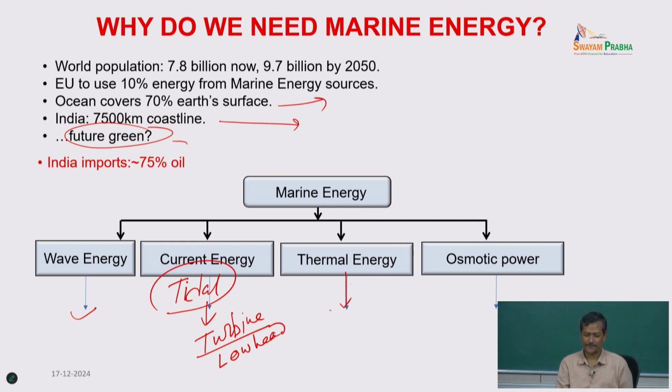Ocean thermal energy, how does it work? Actually, if you see seabed temperature, it will be 4 degrees. You know the reason, I think in class 8 or 9 you have studied seabed temperature. At 4 degrees water density is highest, okay.